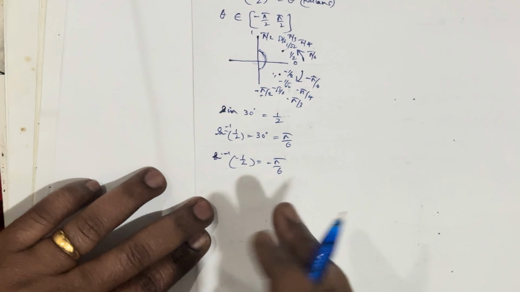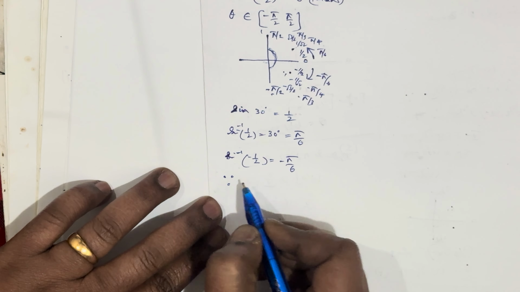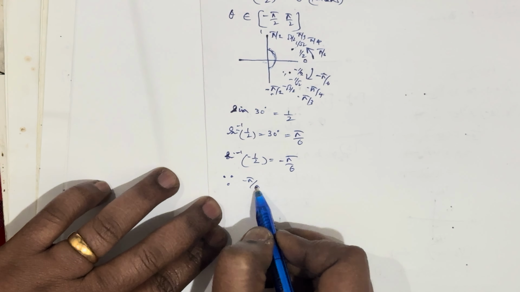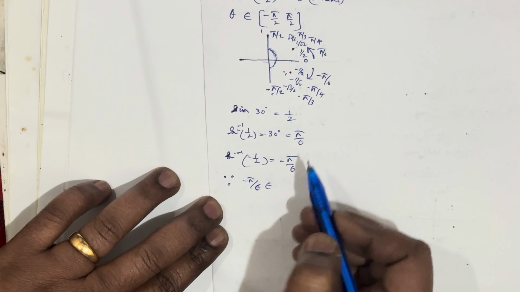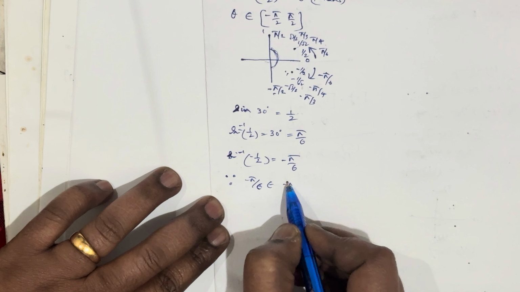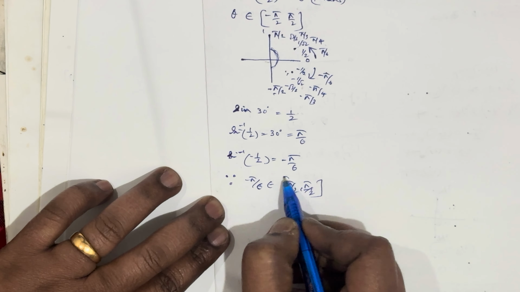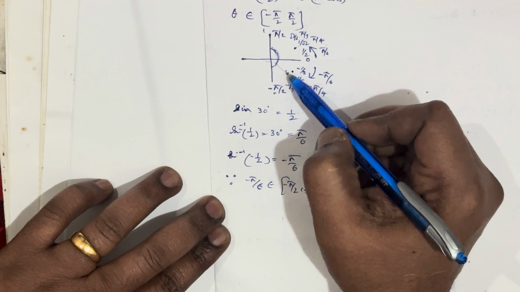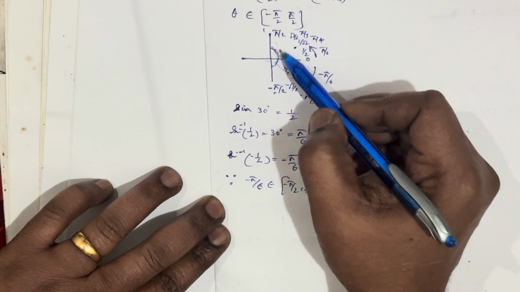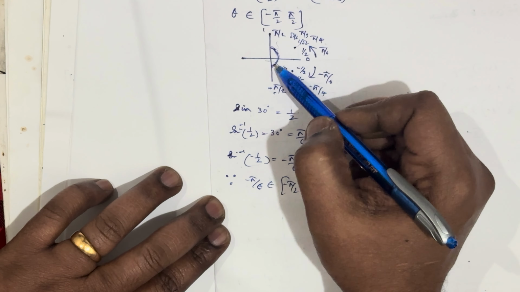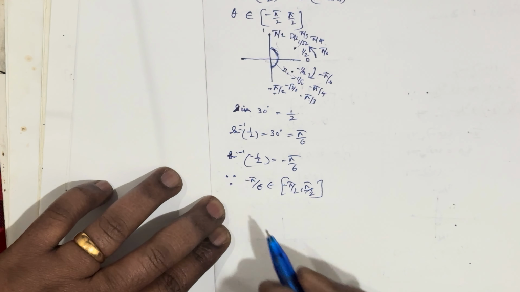The reason is, since minus pi by 6 belongs to the range minus pi by 2 to pi by 2, closed interval, it is inside the range.